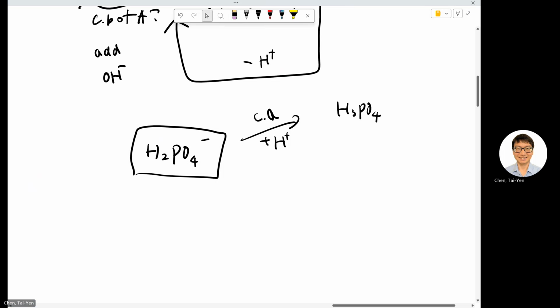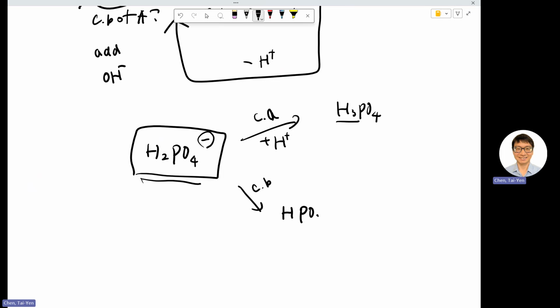My bad. If you add in H plus, the proton number increases by 1, and the negative charge becomes neutralized. What if I want to find the conjugate base of this species? Then you subtract H plus, so that you have HPO4 2 minus. So it's always a shift of the proton.